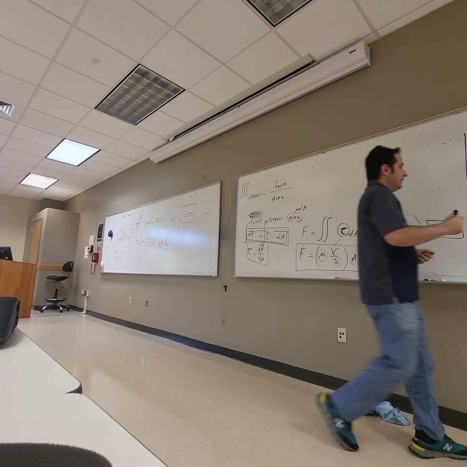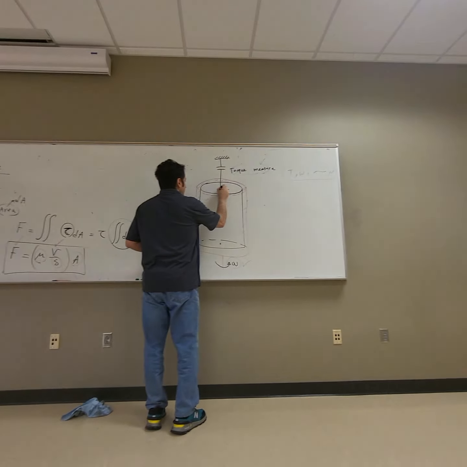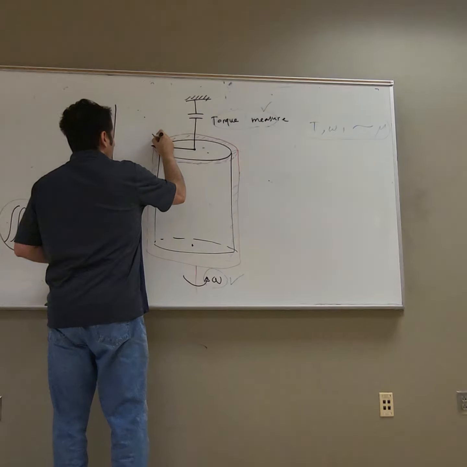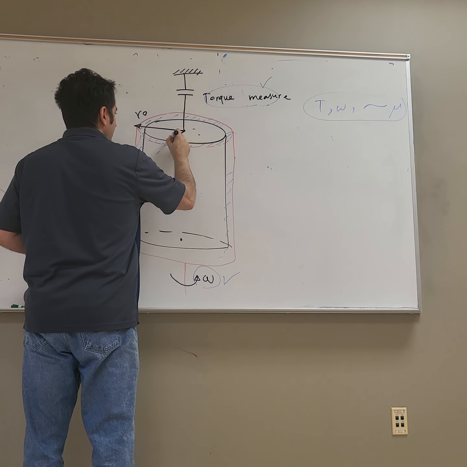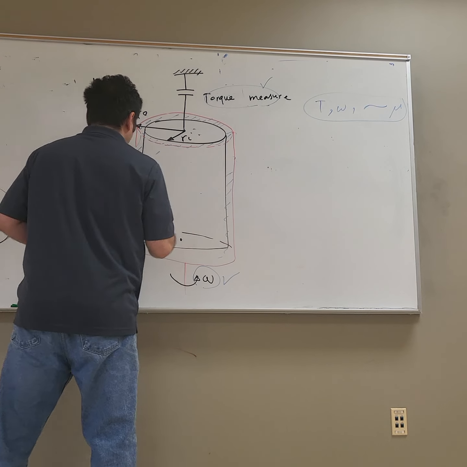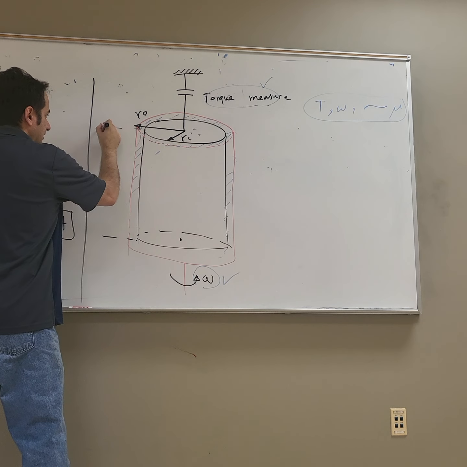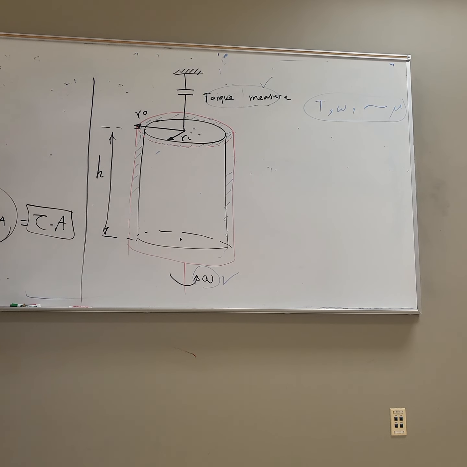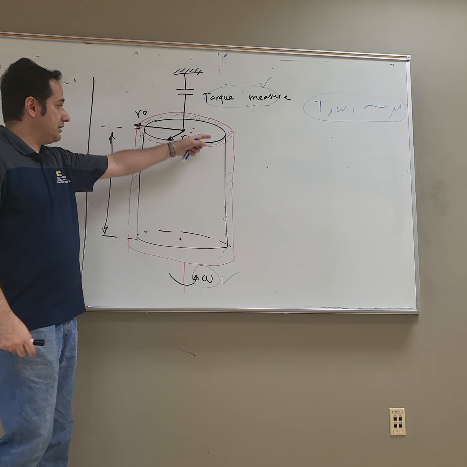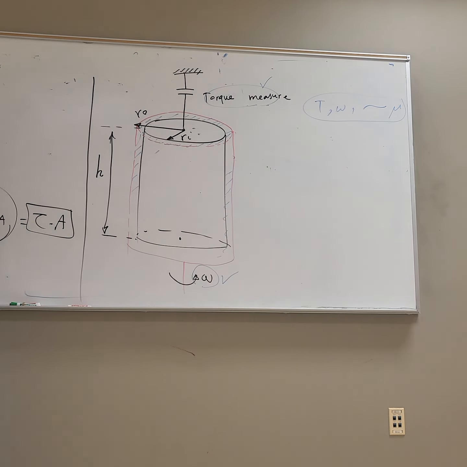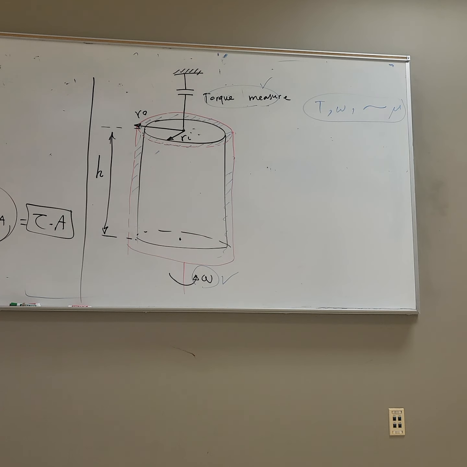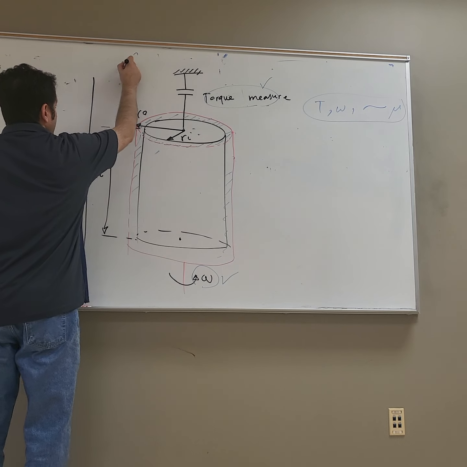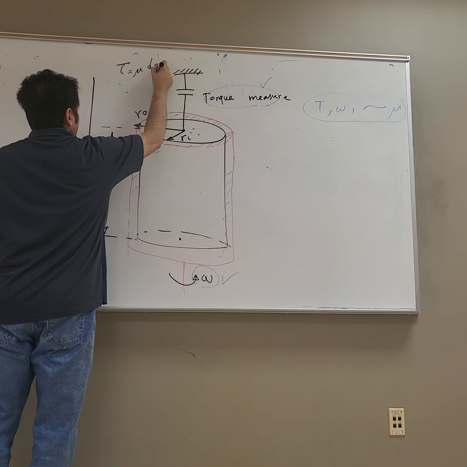So let's say the outer radius is RO, the inner radius is RI, and let's say this height is H. I can build it, right? I can measure it. These are all the information I have. And let's say the fluid between these two is Newtonian. That means I can apply this relation, right? So the assumption is tau is mu du dy.